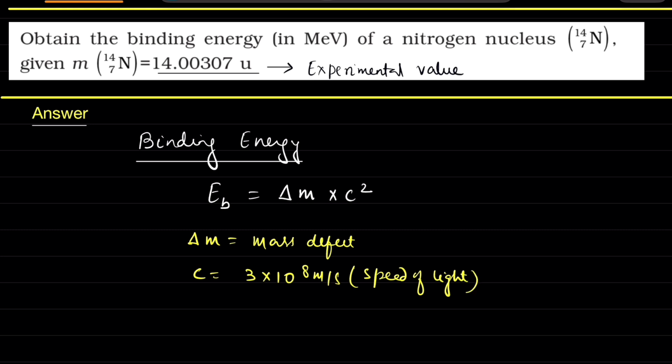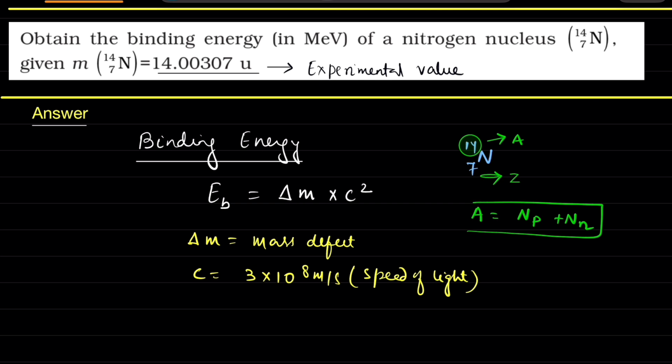Now, what is mass defect? Let's understand, if you have nitrogen, this is the symbolic representation of nitrogen. This 14 is the atomic mass or the mass number represented as A. 7 is the atomic number, represented as Z. We know that mass number is the number of protons plus number of neutrons, and atomic number is equal to number of protons.